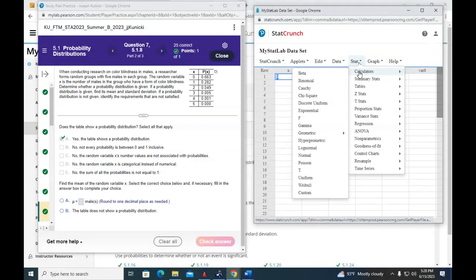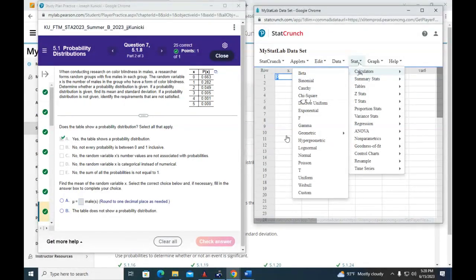This is continuous uniform, and you've got a discrete uniform. Chi-squared is continuous. Cauchy is continuous. Binomial is discrete. The beta is continuous. There are all kinds of distributions. They give you all kinds of curves and whatnot. The ones we're really interested in are the normal.